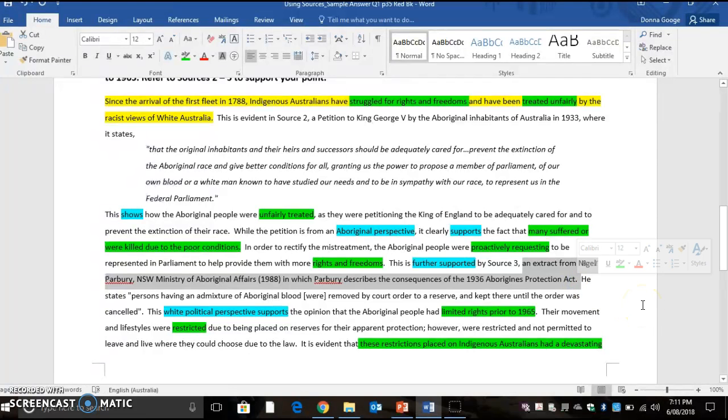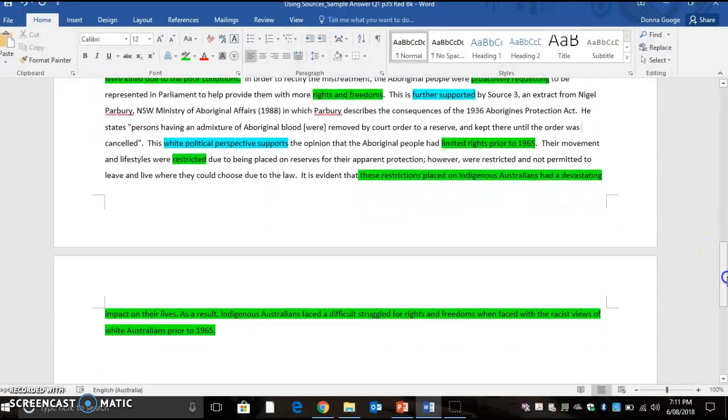and what it describes. He states, just note the setting out here, it's only short, so it just needs to be in inverted commas. Here's the direct quote that is most important to help support the point. Now it's going on to say this white political perspective up here supports the opinion that Aboriginal people had limited rights, that's a way of being treated unfairly, prior to 1965.